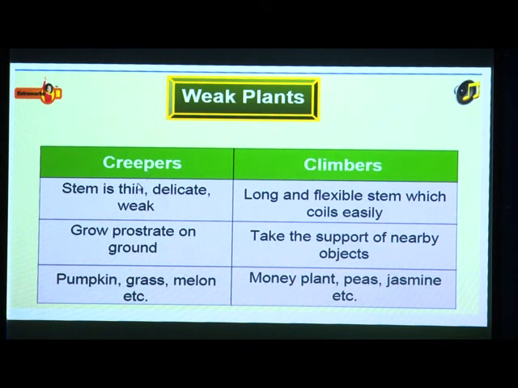Examples of creepers are pumpkin, grass, melon, etc. And examples of climbers are money plant, peas, jasmine, etc.